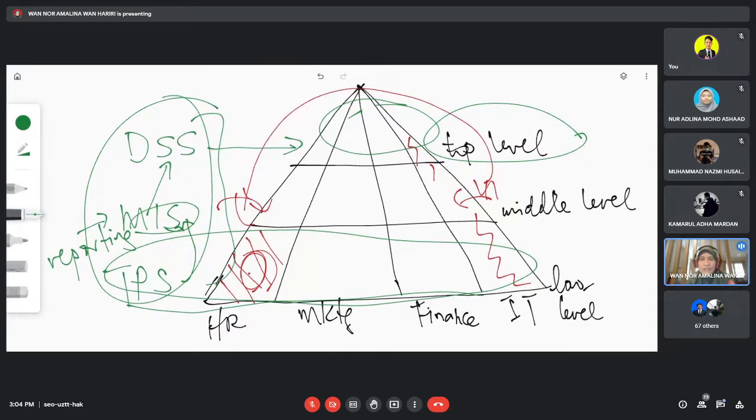Right? So just bear in mind that when you go out to the organization to identify problems and so on, don't ask them, encik, apa MIS kat sini? Tak ada. They normally won't have such kinds of, we call that, generic terminology for the systems.